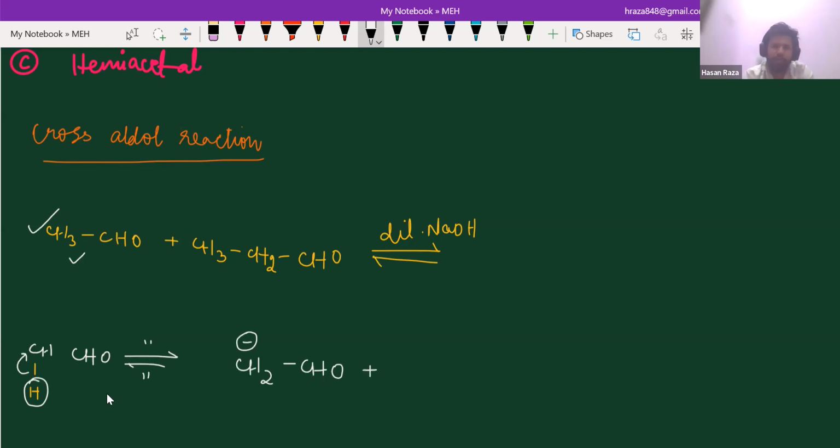Then again, you are going to take another mole of this CH3CHO. Now this is going to be the electrophile. Oxygen will take electron from carbon. Since oxygen is taking this carbon's electron, there will be deficiency of electron on this carbon. So this will attack on this carbon.